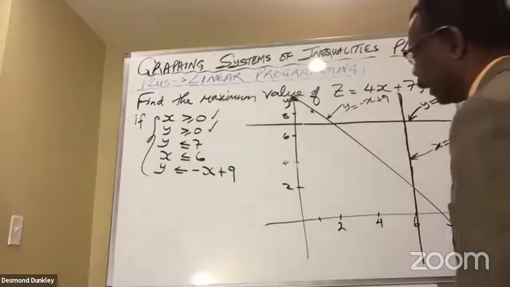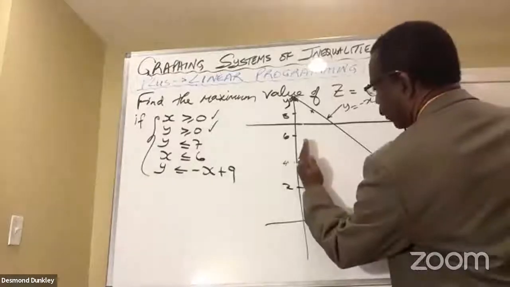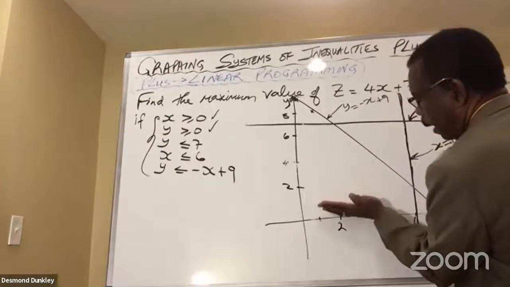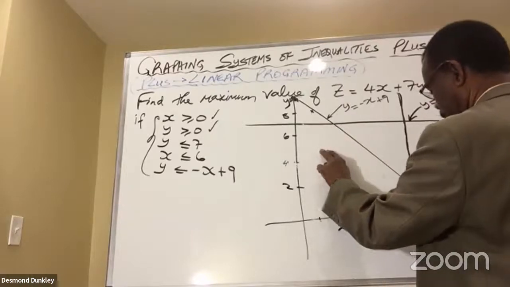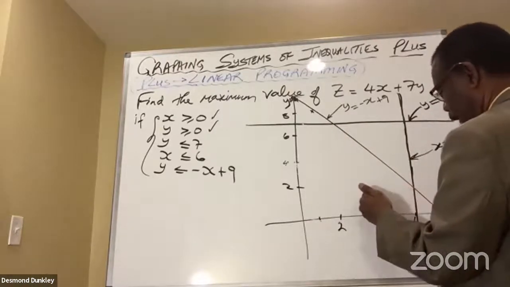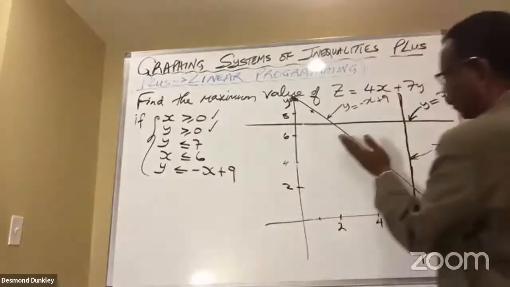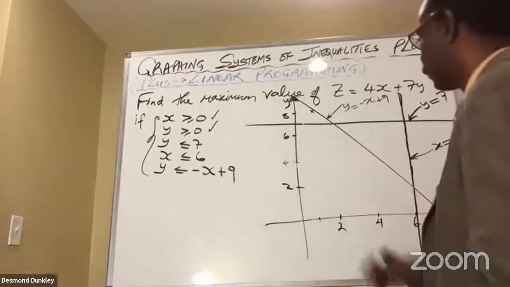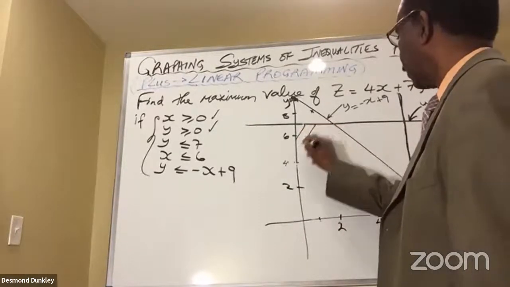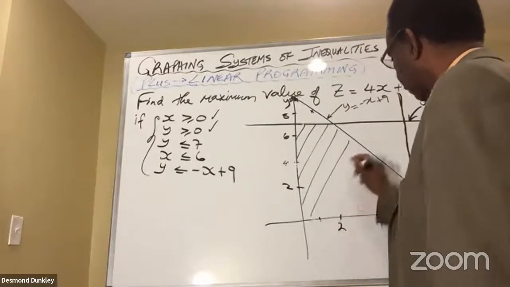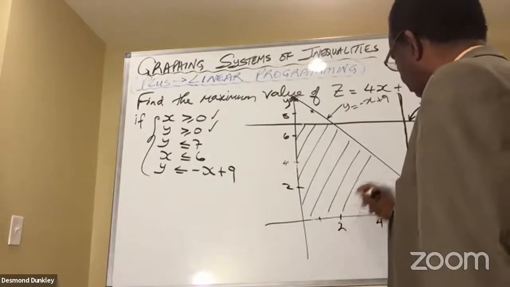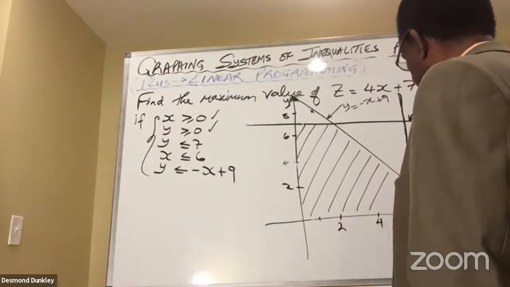So let's see if we could shade the area. So we're going to shade to the right of this, above this, below this, to the left of this, and this is less than or equal to, and below this. So our shaded area is going to be this area, which satisfies all 5 conditions.